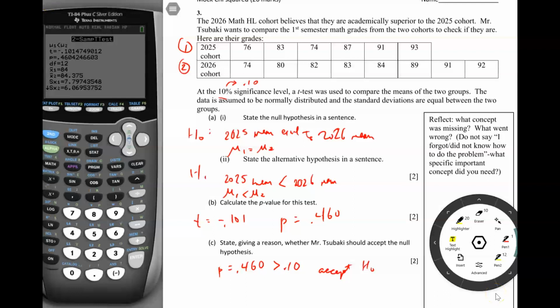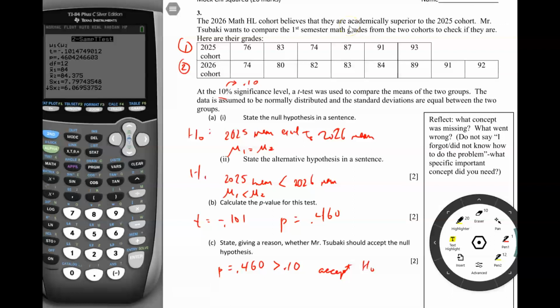Oh, just wanted to add a couple more notes. When is it that you would choose an option that is not mu1 less than mu2? Well, let's say that instead of the 2026 cohort believing that they are academically superior than the 2025 cohort, what if they said something like, we believe that we are different than the 2025 cohort?